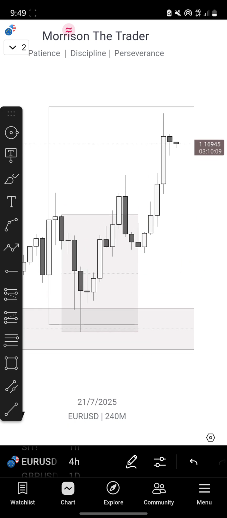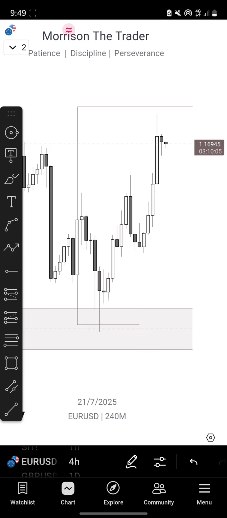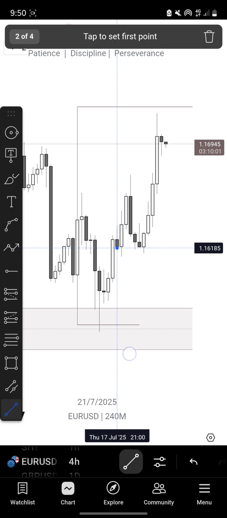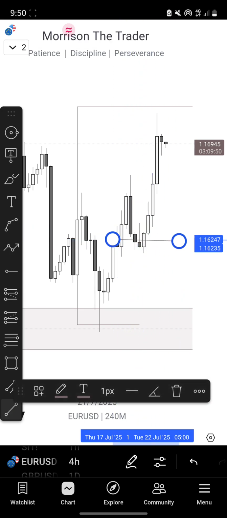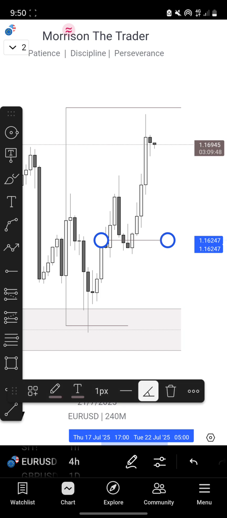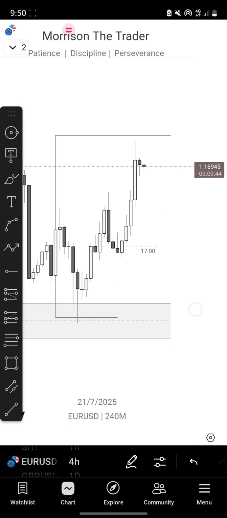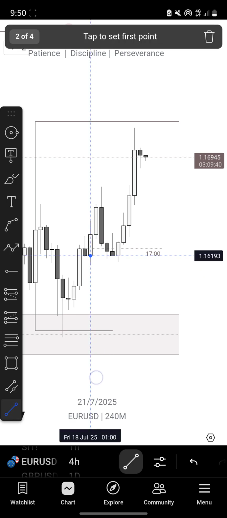So there we have it. So Friday opened here. This is when Friday opened, right there. So when Friday opened, as you can see, we already had what?